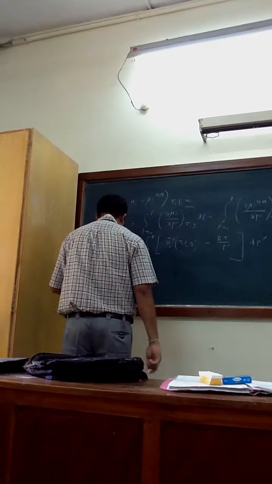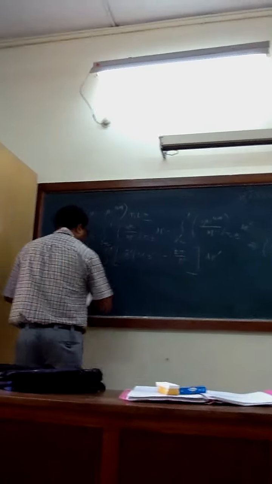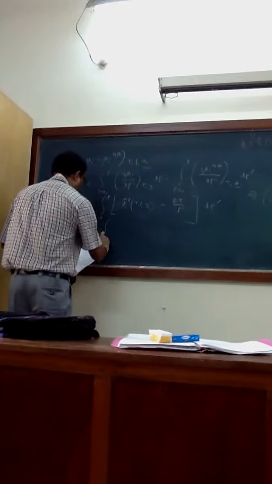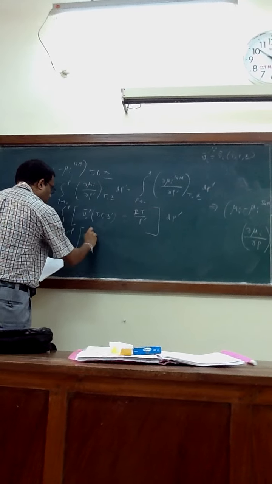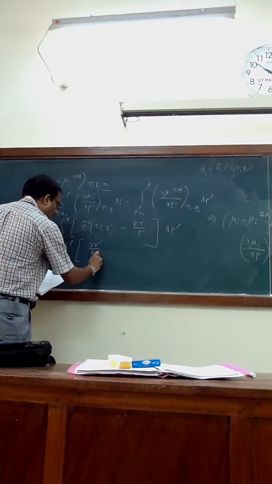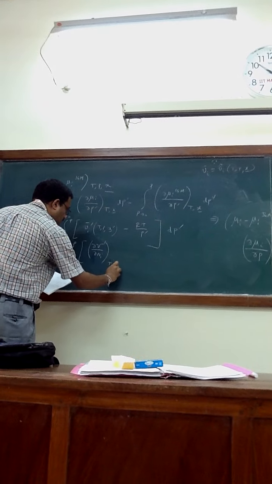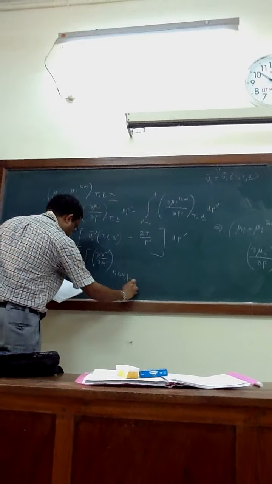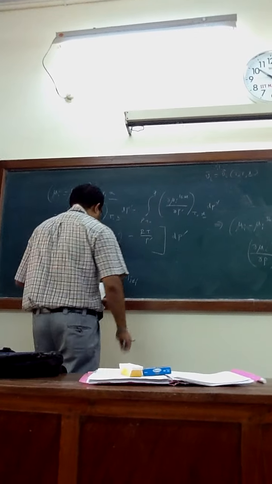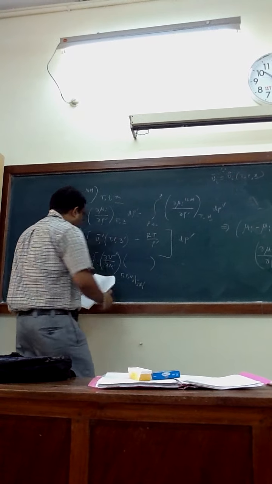Next step. 0 to P. Pi prime bar is what? Dou V by dou Ni, dou V prime by dou Ni, TP Nj, j not equal to i. And what's the function of this?